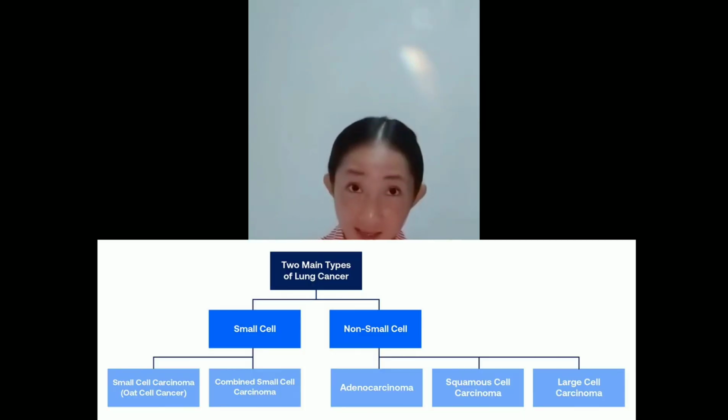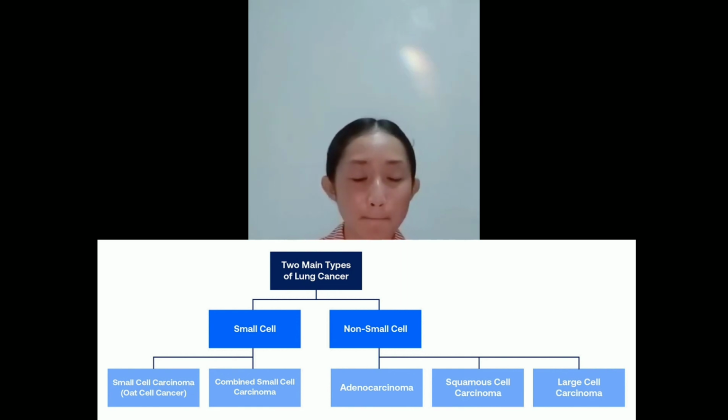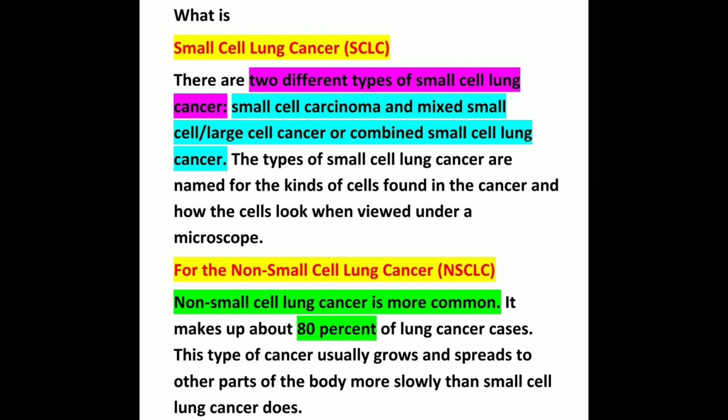As you can see here, the two main types of lung cancer: to the right side is the small cell lung cancer, and to the left side is the non-small cell lung cancer. So what is small cell lung cancer?